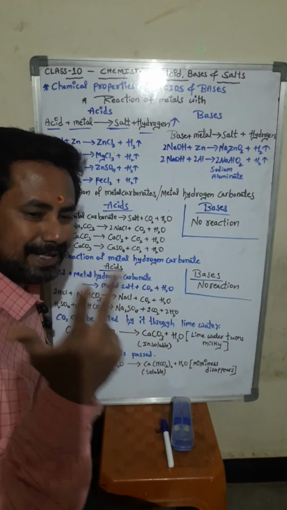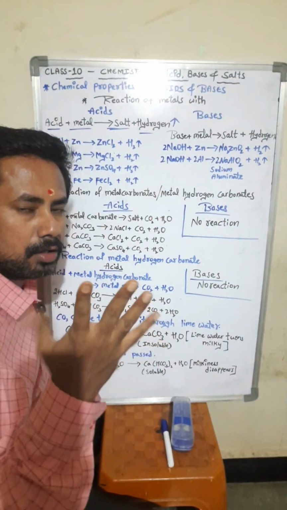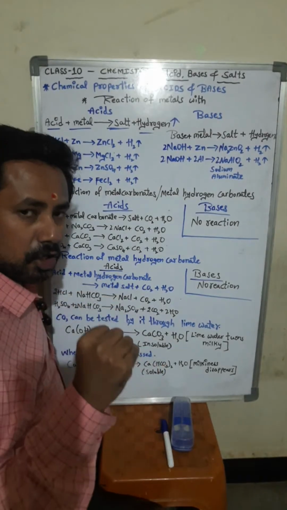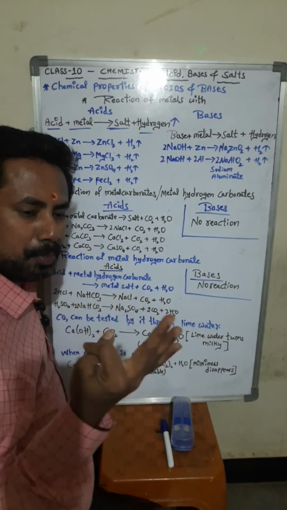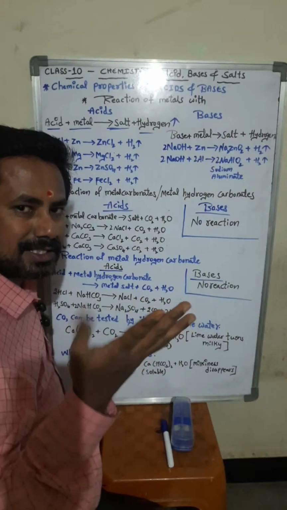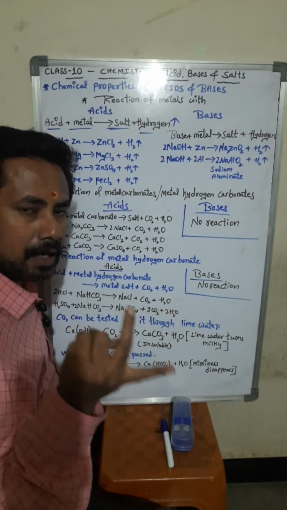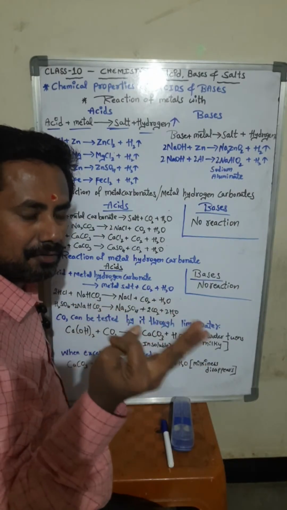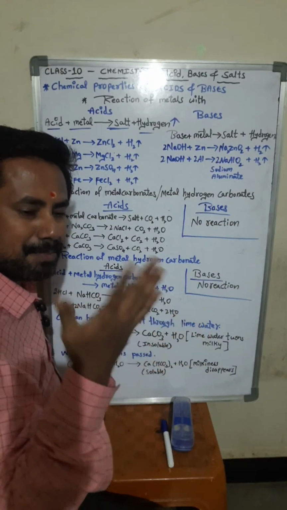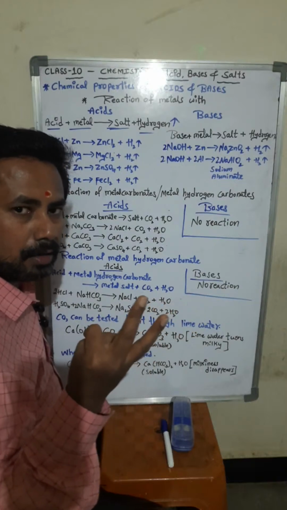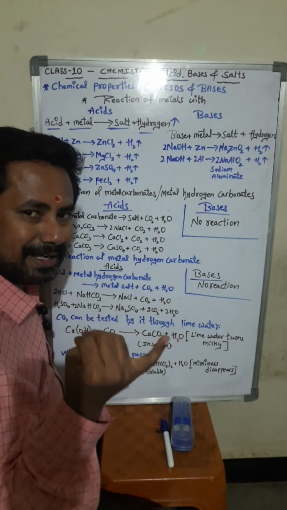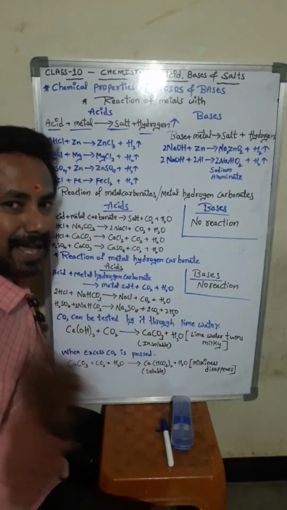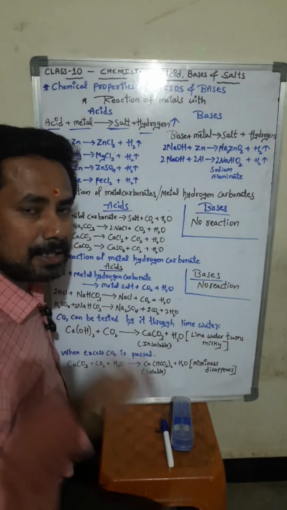Hydrogen, helium, lithium, beryllium, boron, carbon, nitrogen, oxygen, fluorine, neon, sodium, magnesium, aluminium, silicon, phosphorus, sulfur, chlorine, argon, potassium, calcium, scandium, titanium, vanadium, chromium, manganese, iron, cobalt, copper, nickel, zinc. So zinc is the 30th element and it is also a metal, students.